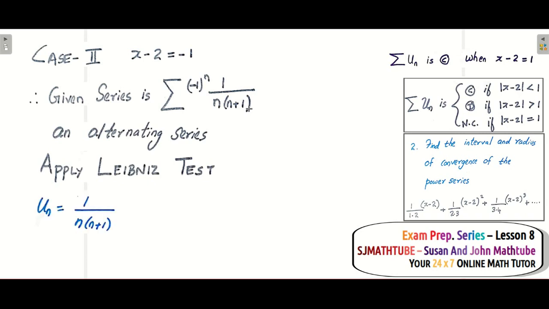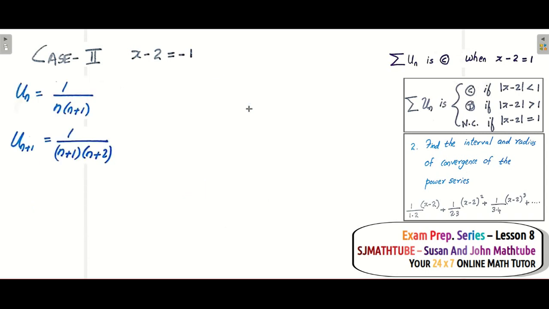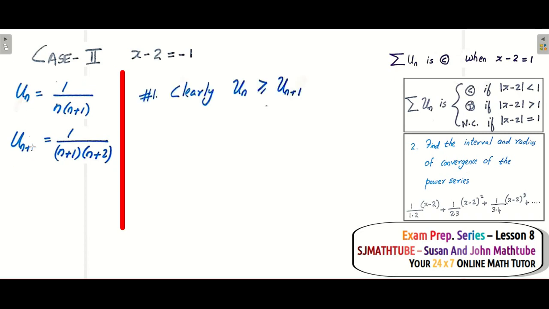So let's write un and then un plus 1 and condition number 1. What is condition number 1? Un should be bigger than or equal to un plus 1. Of course, clearly. And I told you a trick how to check that in the convergence and divergence test. Number 2, limit n tends to infinity un.